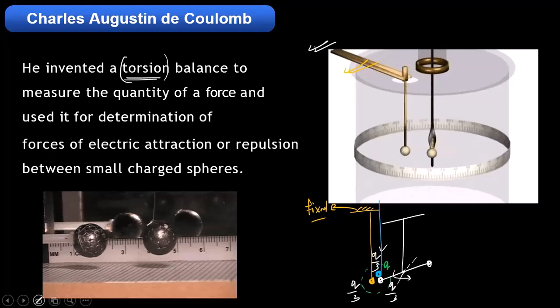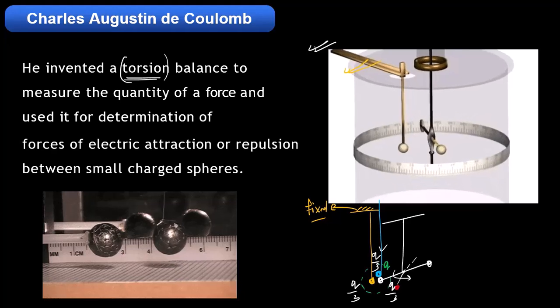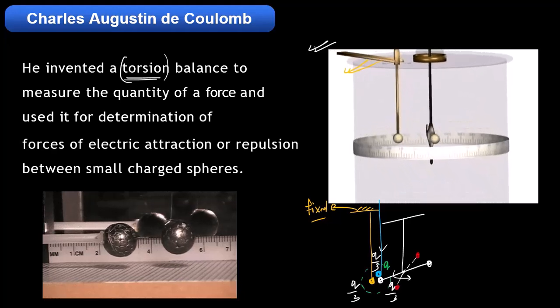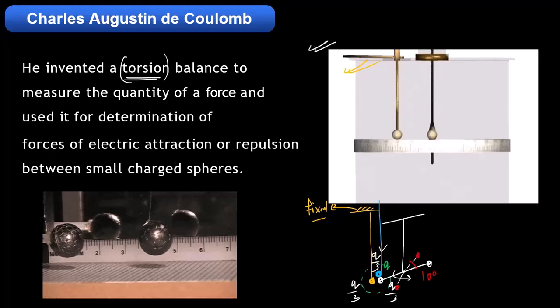Let us say in the first experiment he found that the angle by which the white colored ball moved was, let us say, 10 degrees.